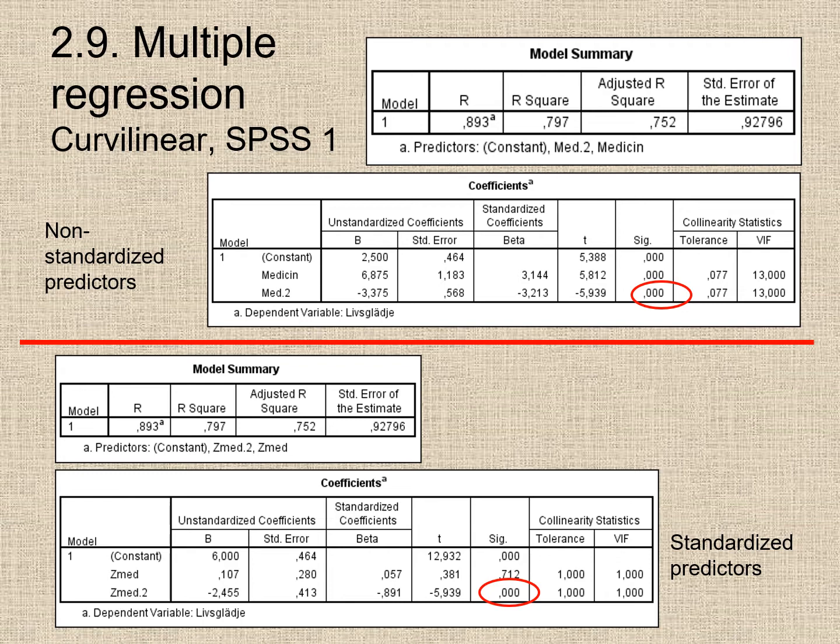How come? Why do we get collinearity in the first model but not in the second? Well, let's go back here. You see medication here, and medication squared. Is there any linear association between those two variables? Between medication and the square of medication?